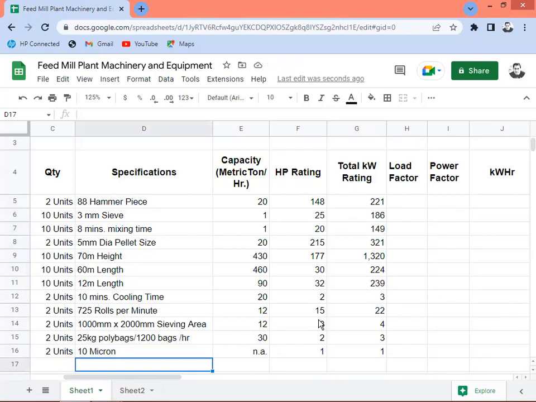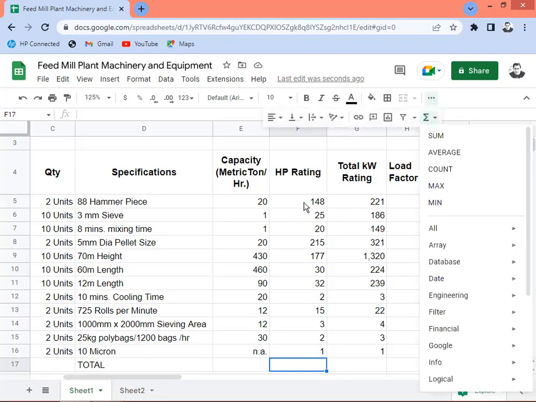What I'm going to do is type the total text here. Total. No need to sum this. Maybe the HP rating, we're going to sum this one up.